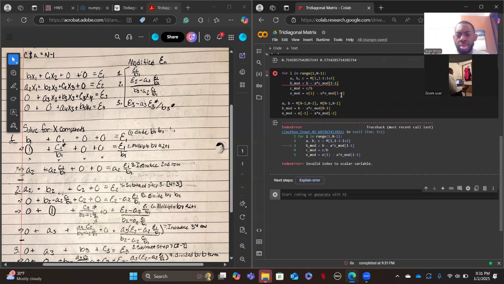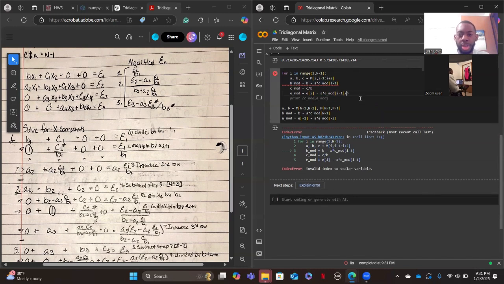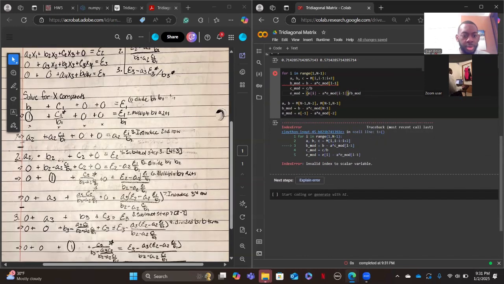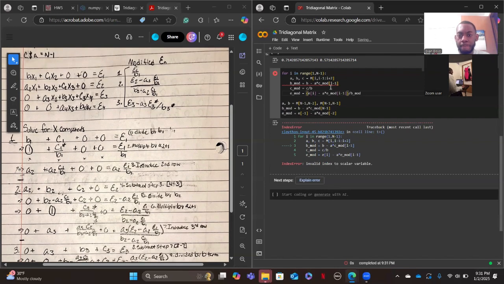Invalid index. Oh, also I forgot to divide by B mod. Oh my gosh, the good thing is I caught that. So I have to do this same thing here too. I have to divide by our B mod, which it shows here. Remember, the bottom portion has to be divided by our modified B. And you also do the same thing here as well, B mod.